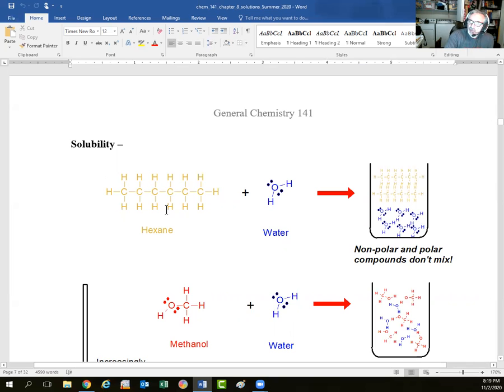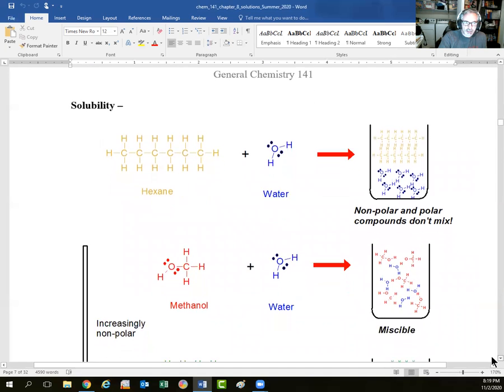So it's trying to interact with other chemicals through induced dipole to induced dipole interactions. However, polar covalent molecules of water are trying to interact with others through hydrogen bonding. They don't speak the same language. They don't interact with each other. And they'll separate by density and with the water at the bottom because it's more dense.